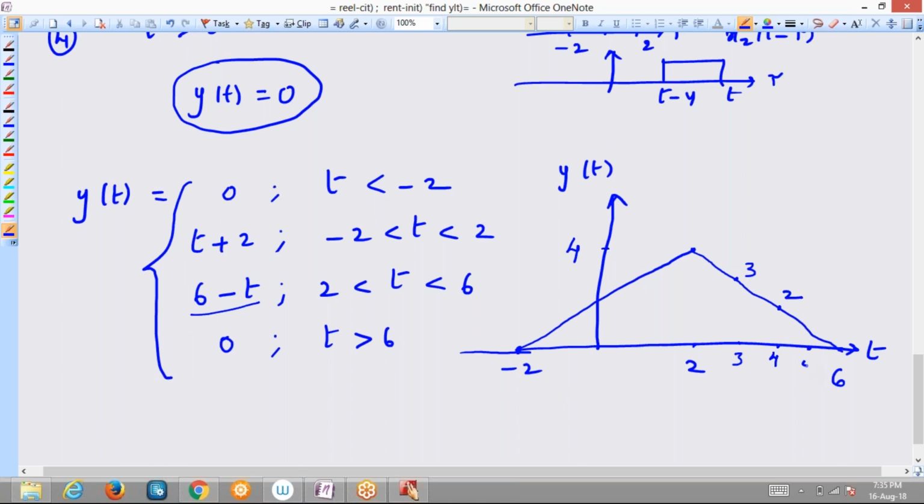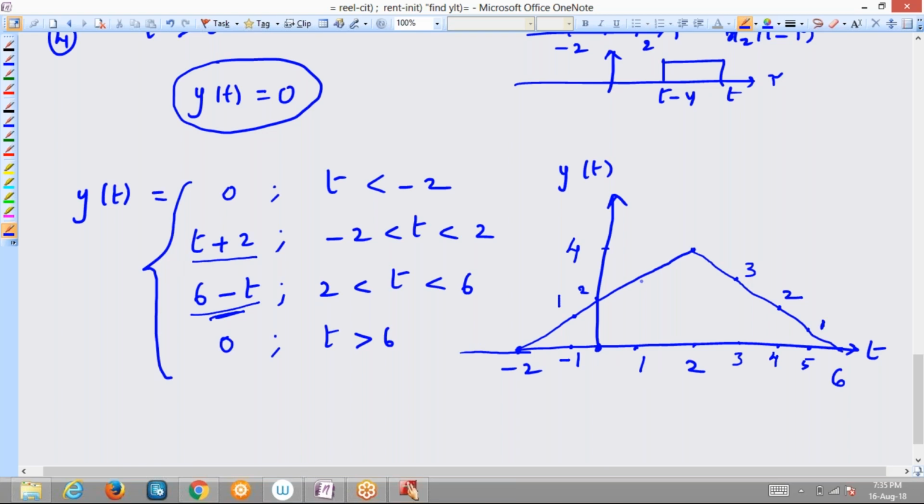Similarly, we can observe at minus 1 it is 2 minus 1, it is plus 1. At 0, it is 2 plus 0, it is 2, and at plus 1, it is 2 plus 1, 3. This gives a triangular function for y of t as shown in this figure.